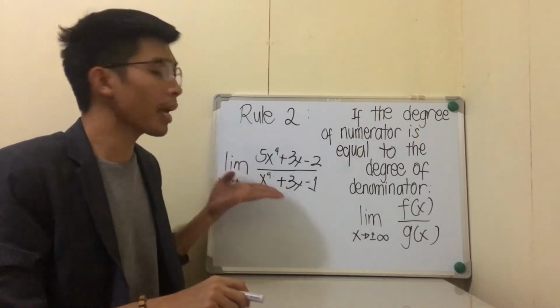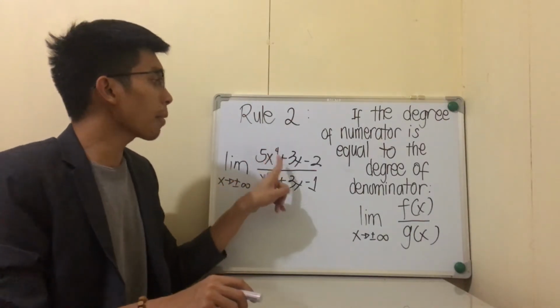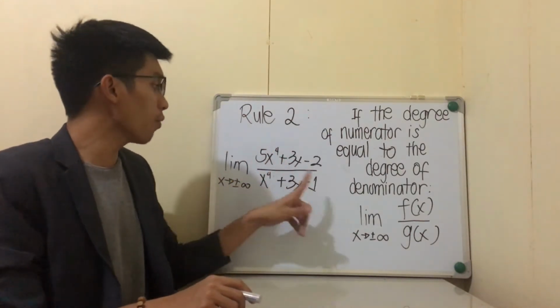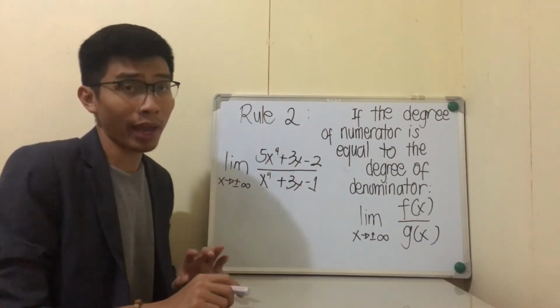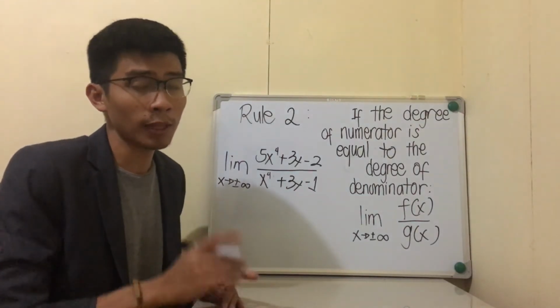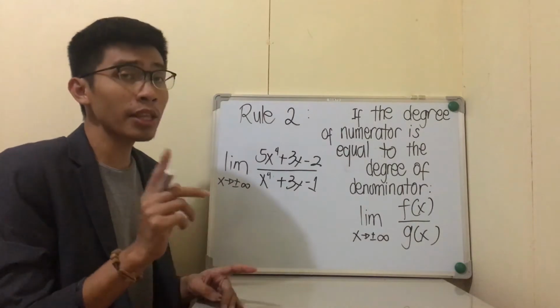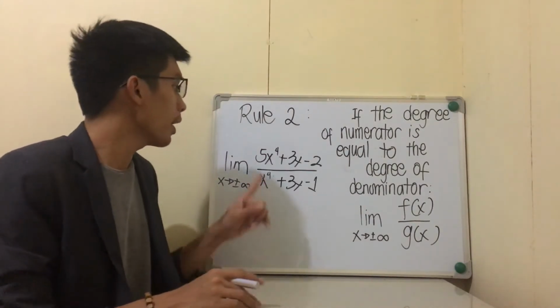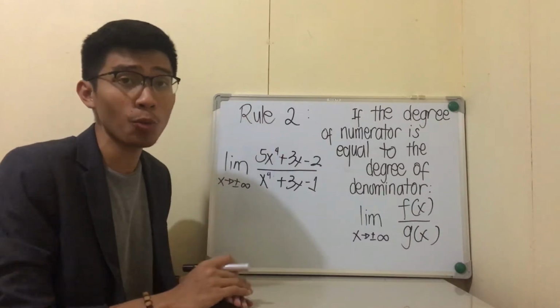Say for example, I have this example: the limit of 5x to the 4th plus 3x minus 2 all over 3x to the 4th plus 3x minus 1 as x approaches either positive or negative infinity. What is the limit of that function? As you can observe, the leading term of our numerator is 5x to the 4th because it has the highest power among the terms in the numerator.